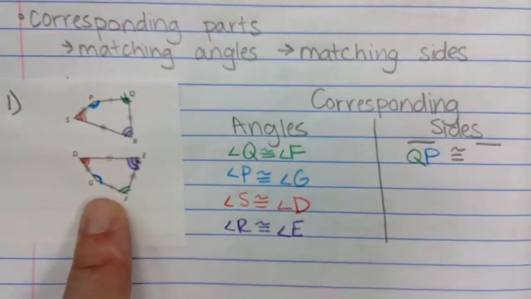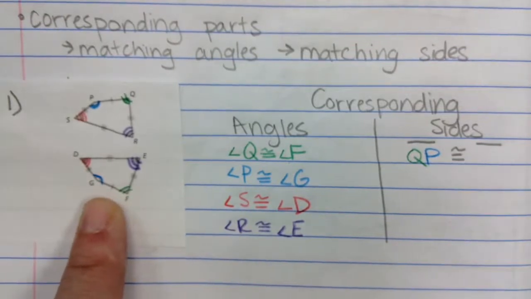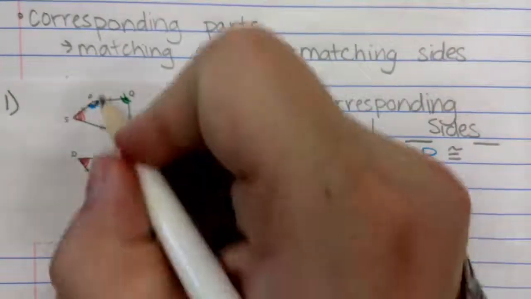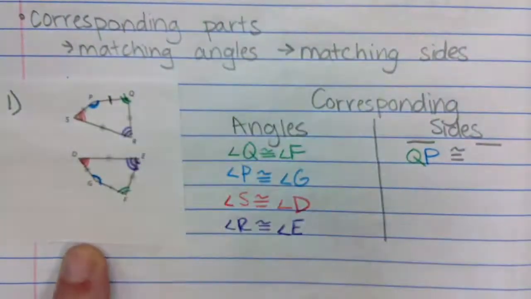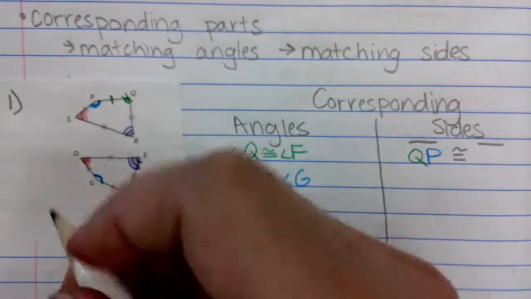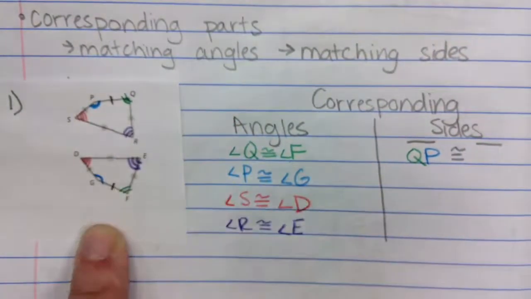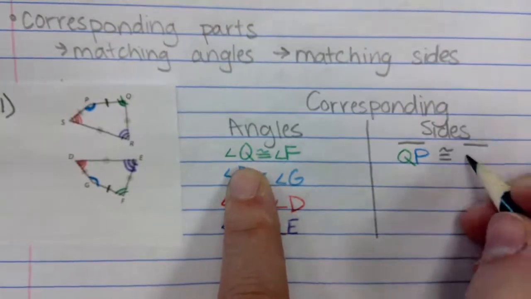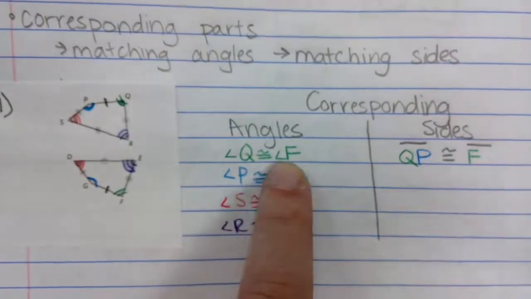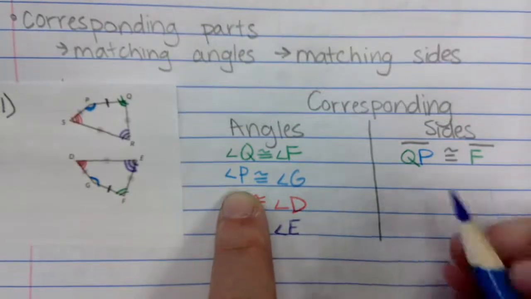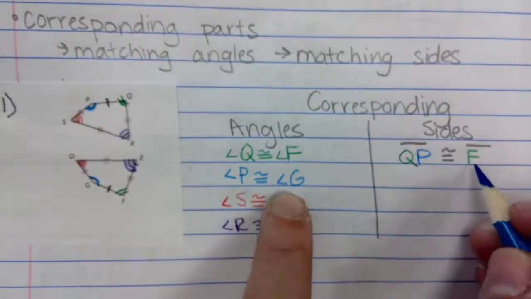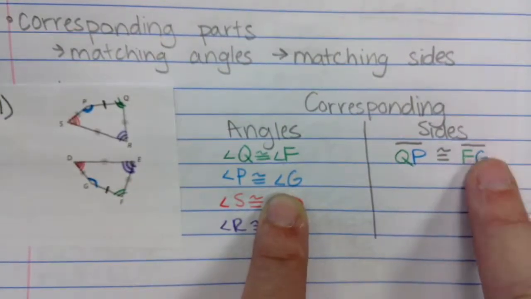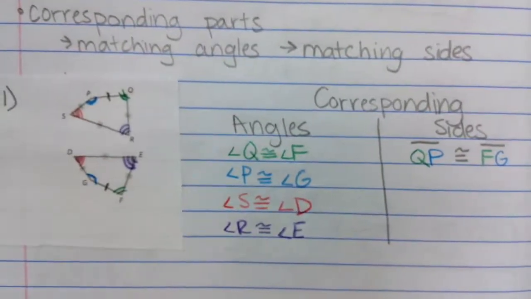How did you know? Good. It has one tick mark, and what else has one tick mark? FG. Or I can think what matched with Q. F. What matches with P? G. So QP matches with FG. You could say GF. That's fine too.